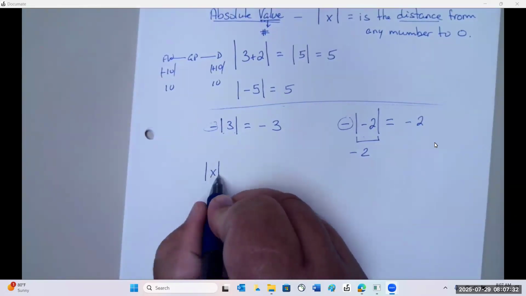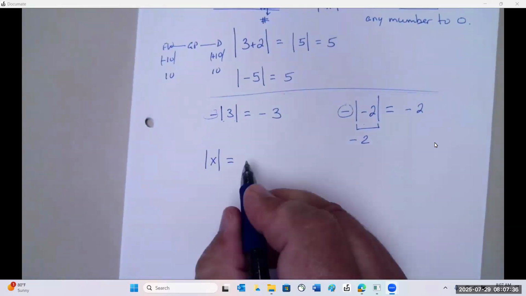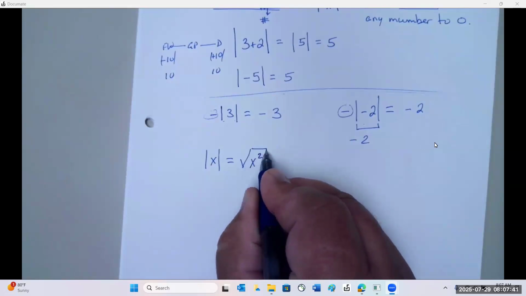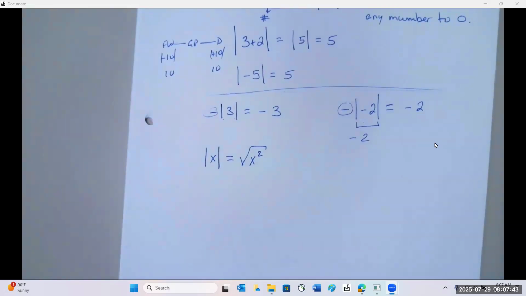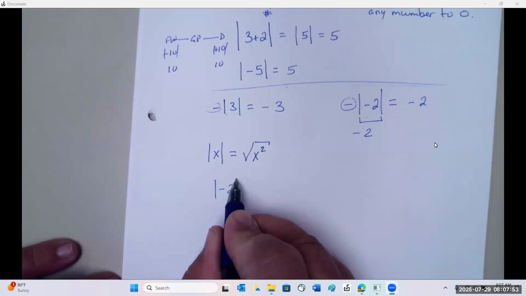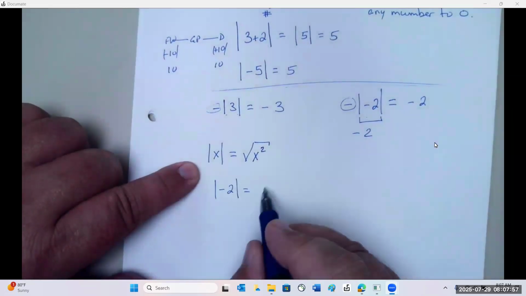If you had to define it with an equation, that's the equation. And think about it. We had negative 2, absolute value of negative 2. So this is my x.